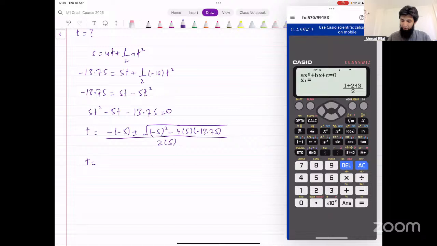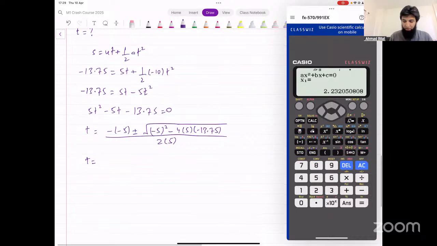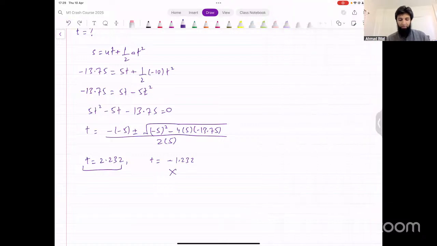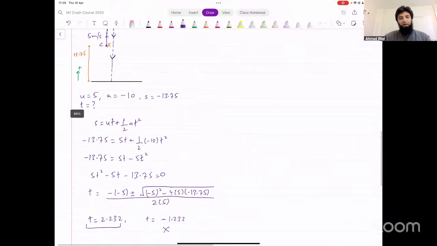Okay, so one value of t that we're getting is 2.232. And the other value of t that we're getting is negative 1.232. Now, of course, negative value is not possible. This is the one value of t that we're getting, 2.232.